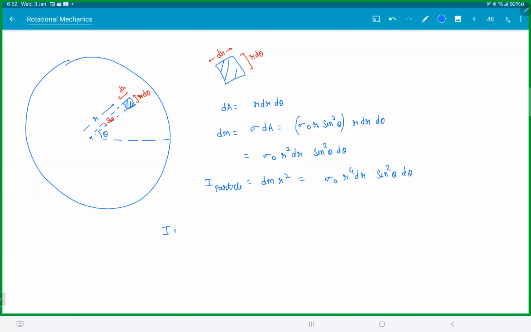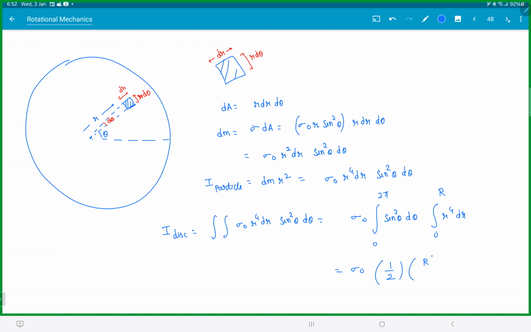So I of this weird disk is a double integration, because there are two parts here: sigma naught r power 4 dr and sine square theta d theta. Since r and theta are independent of each other, we take sigma naught, one integral for sine square theta d theta, and r power 4 dr for the other. The value of r goes from 0 to R, theta goes from 0 to 2 pi. You can calculate this. That comes out to be half for sine square theta, and this will be R power 5 by 5.